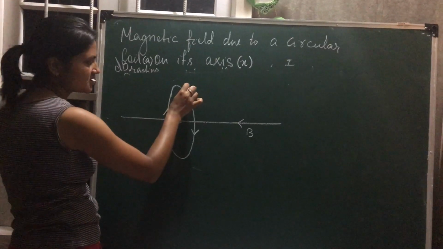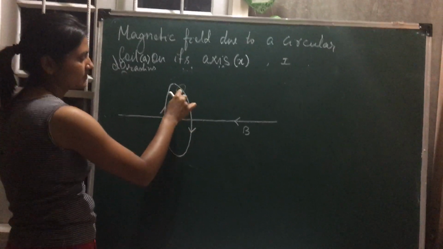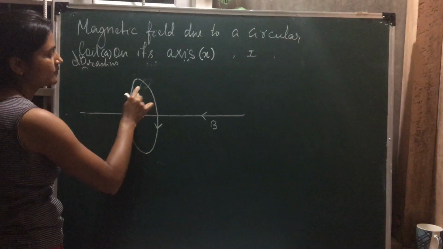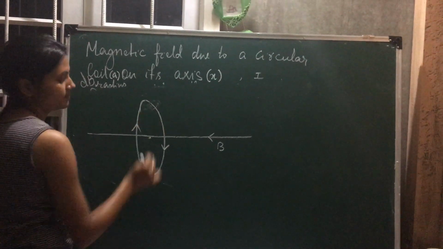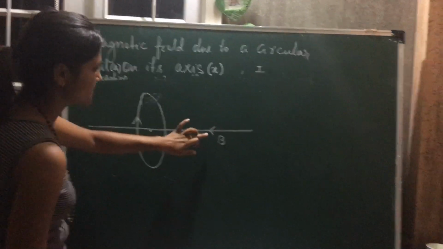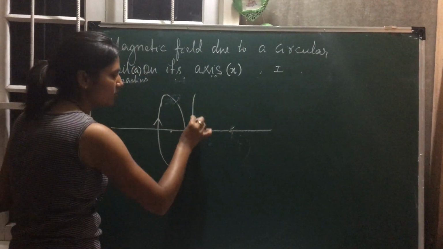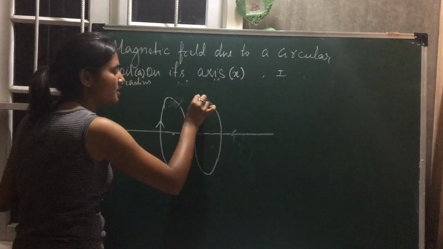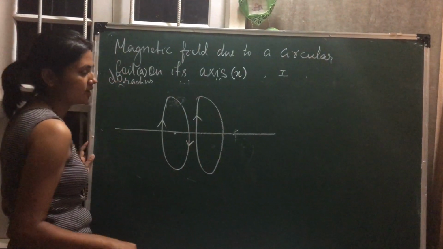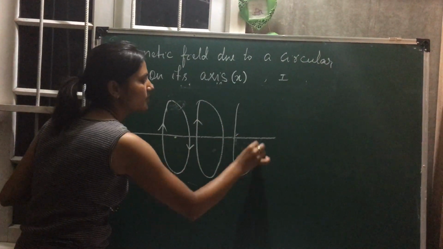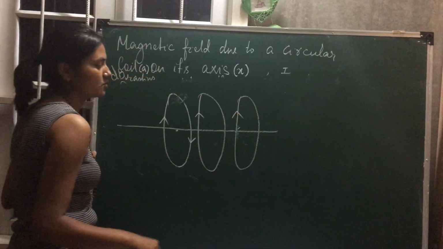What about in its vicinity? Now suppose I have one more loop. The current is going in the same way. I have another loop. The current is going in the same way.